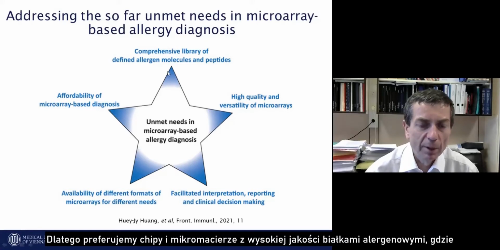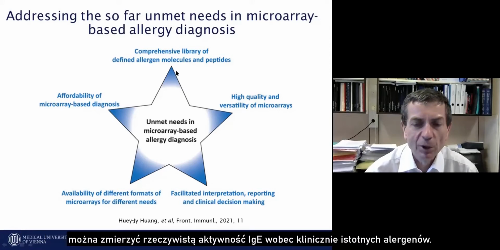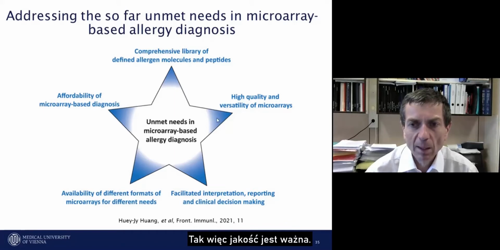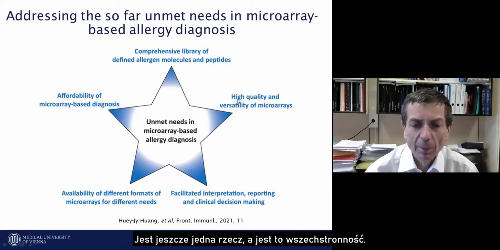So we prefer chips and microarrays with high quality protein allergens where you really measure IgE activity to clinically relevant allergens. So the quality is important, but there's another thing, and this is versatility.